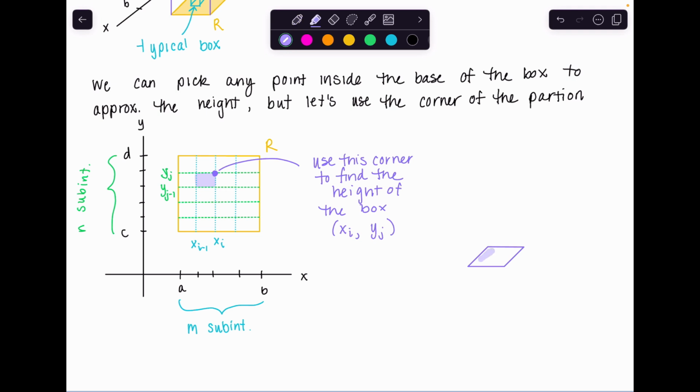So this is that base. This is the corner that I'm using to approximate. The length on one side is delta x. The length on the other side is delta y. And then we're using a rectangular box.